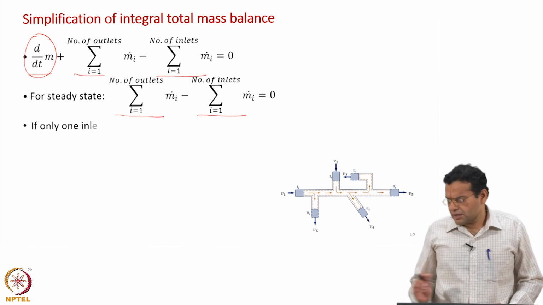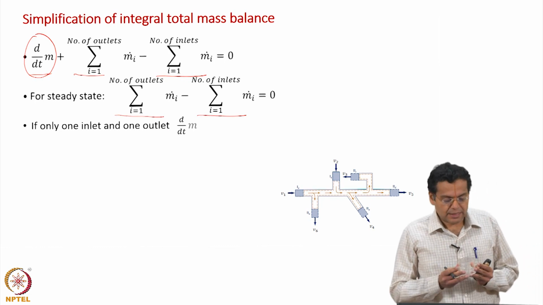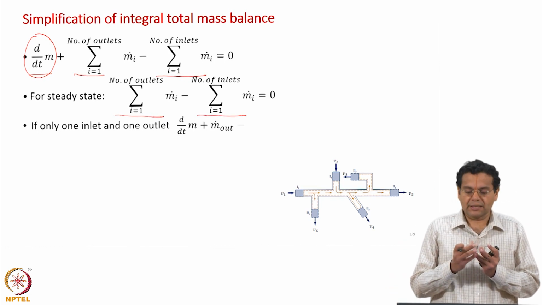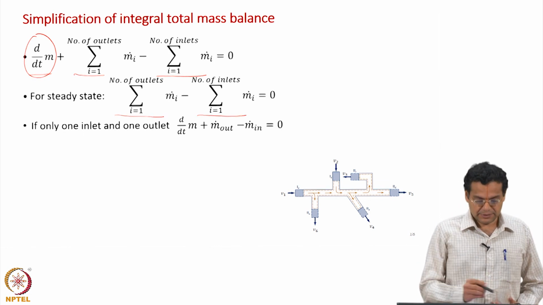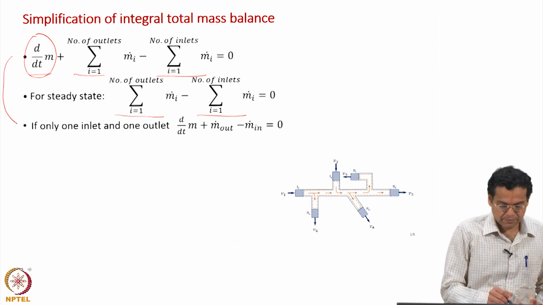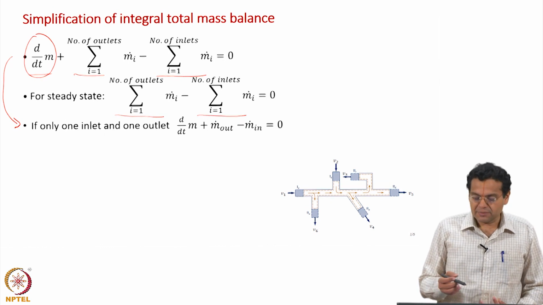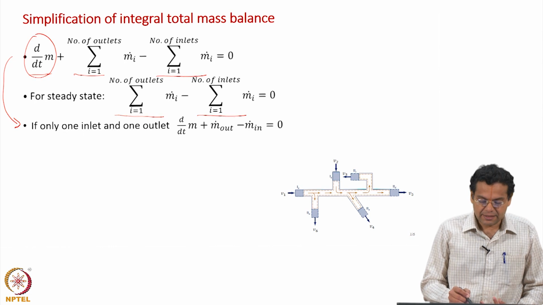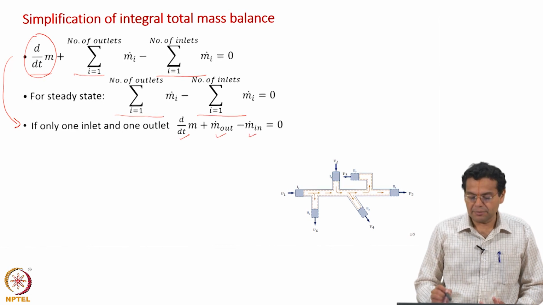Now, we have considered multiple inlets, multiple outlets. Let us say there is only one inlet and one outlet, then this equation can be simplified. Let us assume still unsteady state, transients can be there. So, we have dm by dt, and because there is only one outlet, we represent that as m dot out minus m dot in equal to 0.